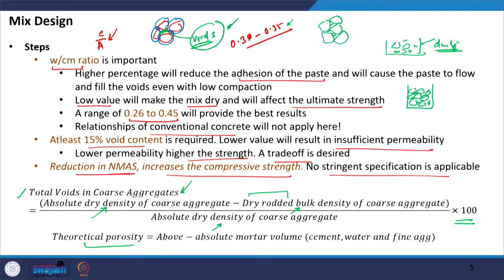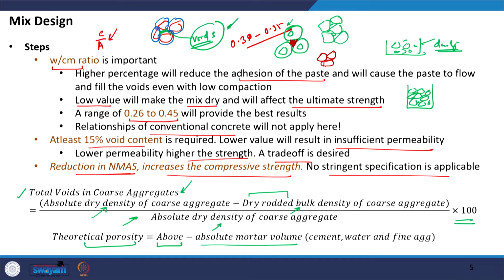So, the theoretical porosity, which is the amount of space in the pervious concrete mixture, should be equal to the voids created in the coarse aggregate minus the absolute mortar volume. So, what is that mortar volume? This volume, because I am interested, because porosity of the pervious concrete is this. Okay. So, dry rodded was between the aggregate particles only.